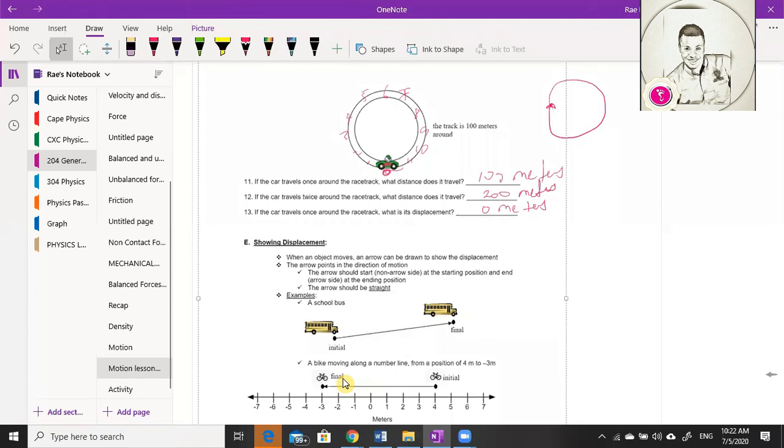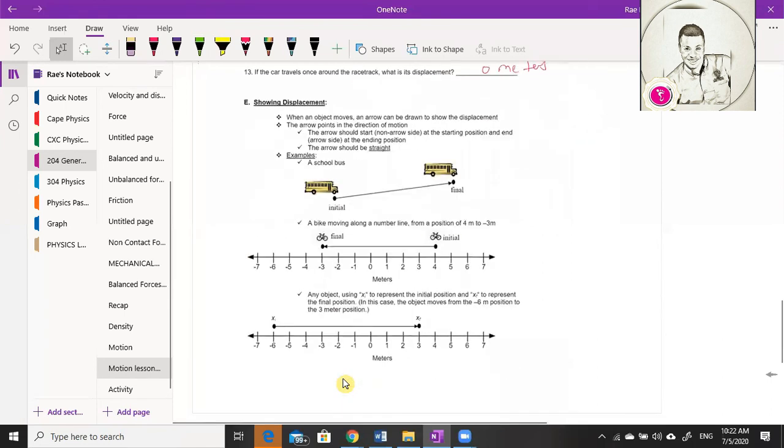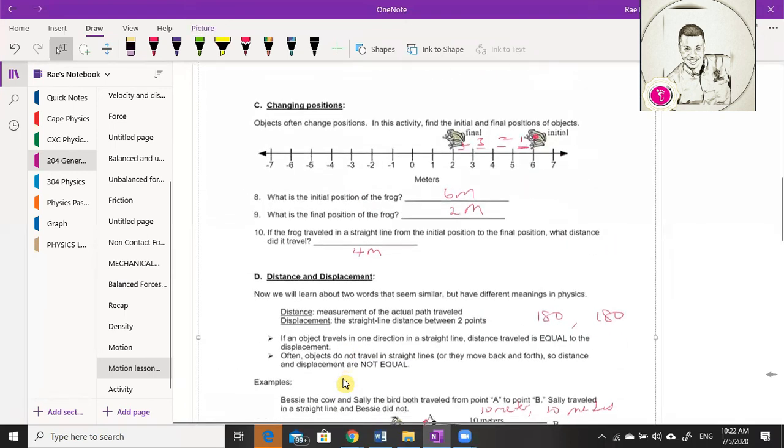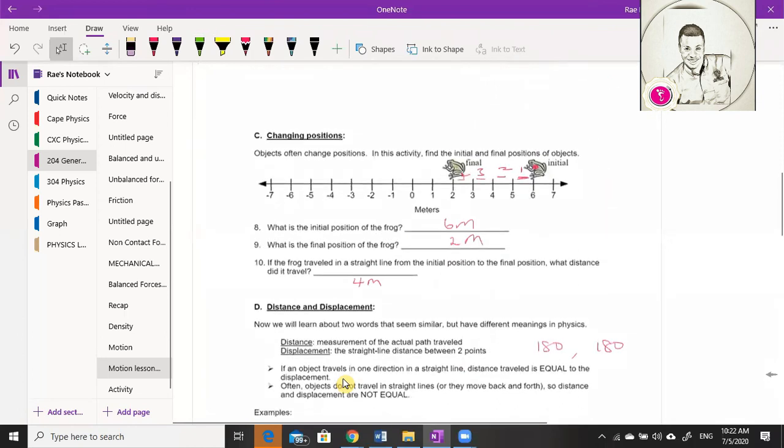Good, precisely. I was asking if you could go back to the definition of displacement, please. All right, there are different definitions.